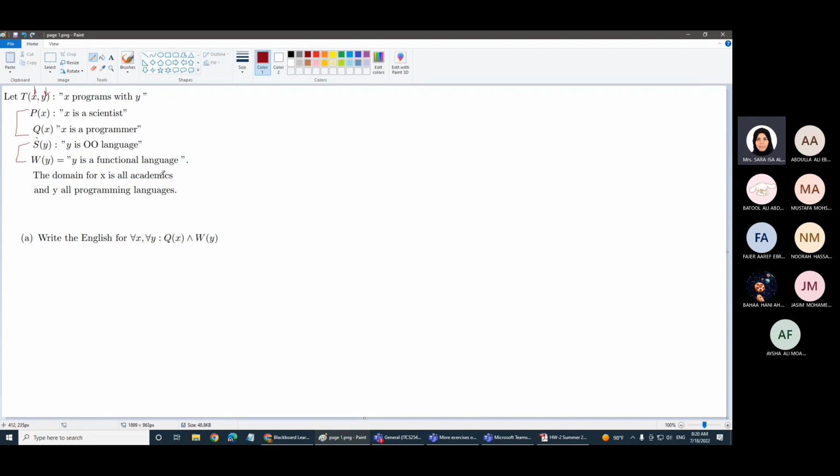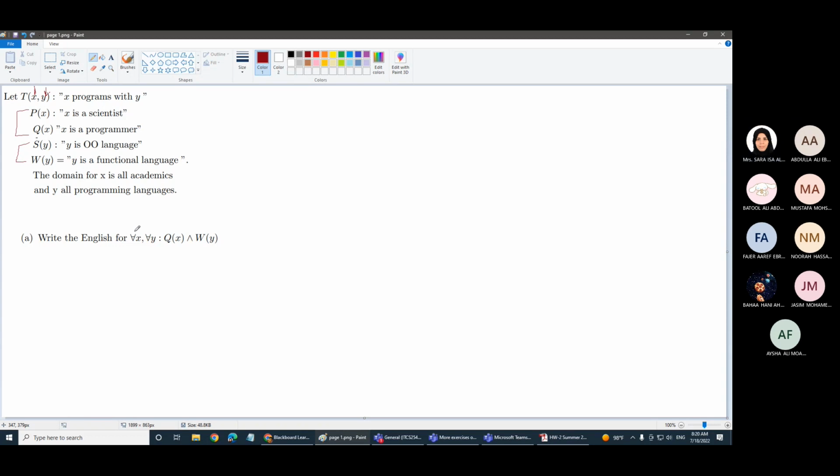Either they are scientists, sorry, or programmers. And for Y, these two predicates will be used to describe languages: either we have object-oriented languages or functional languages. Here I want to write the English for the following. These are questions from exams.